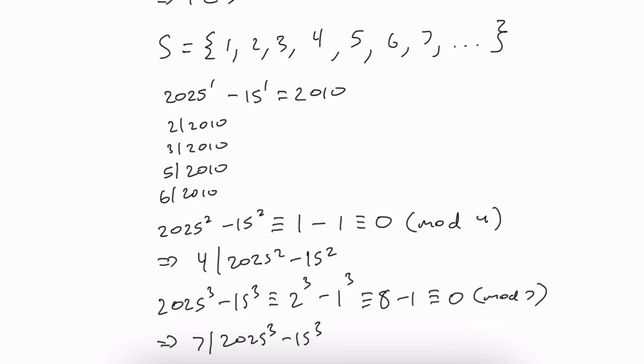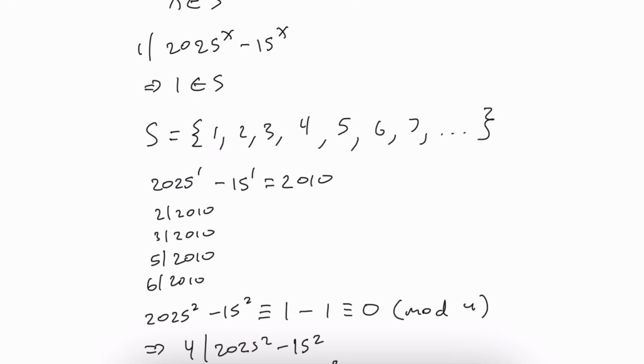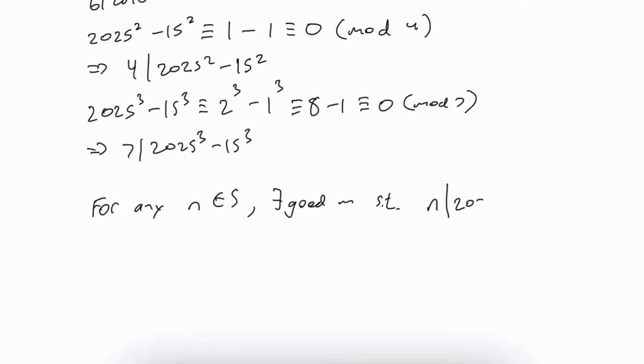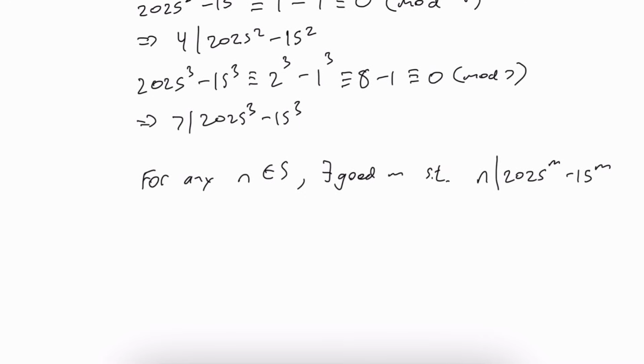So our goal now is to show, for any n in S, is there a good choice for M, a function of n, such that n divides 2025 to the M minus 15 to the M. And note that 15 divides 2025.